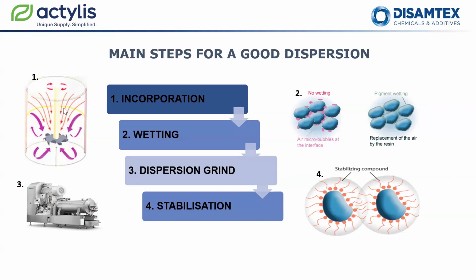And the dispersion grinding step applies mechanical energy to break down agglomerates to the target particle size. And finally, the 4th step, stabilization, keeps the particles separated over time, avoiding flocculation, settling, and viscosity drift.